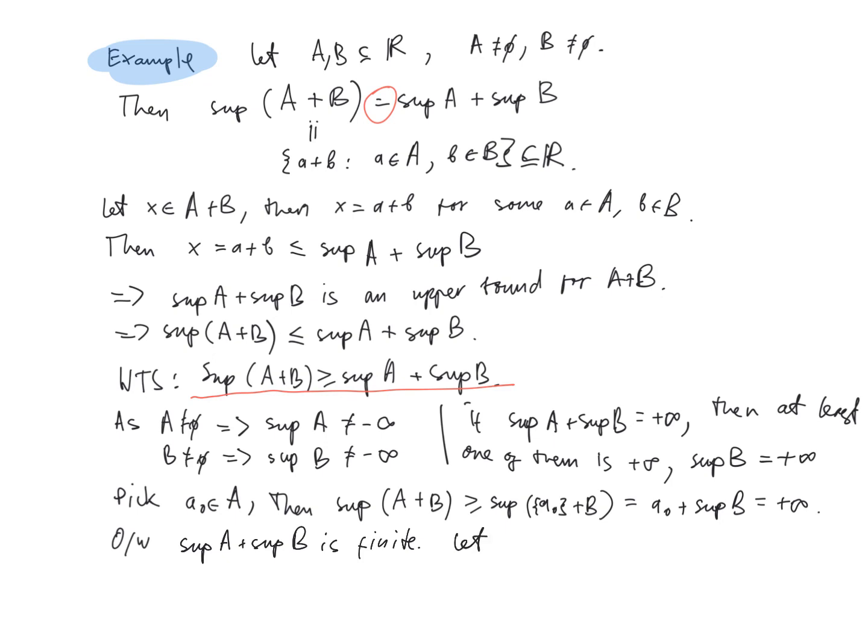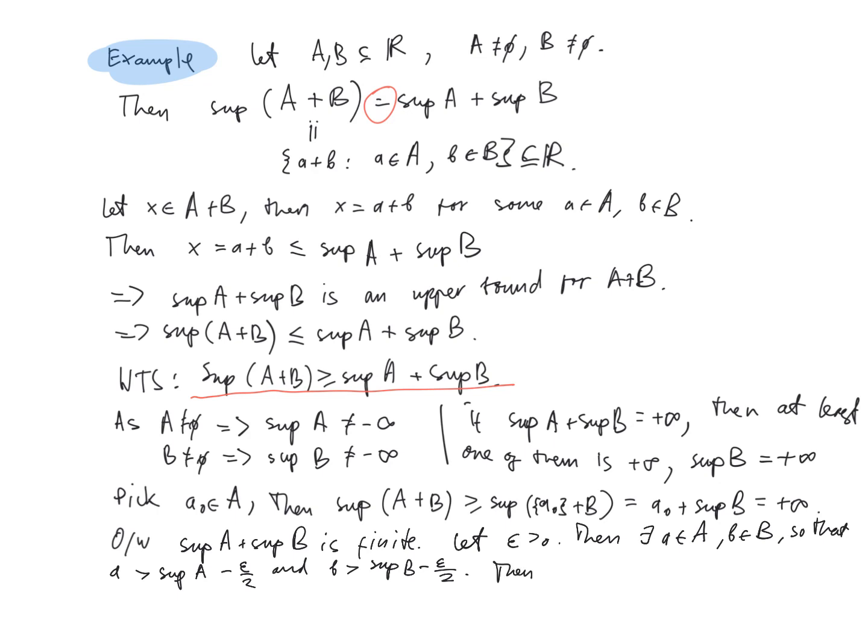In this case, we let epsilon be an arbitrary positive real number. Then by the definition of suprema, there exists some a, an element of the set capital A, and some b, an element of the set capital B, so that we have that a is greater than the supremum of A minus epsilon over 2, and also b is greater than the supremum of the set B minus epsilon over 2.